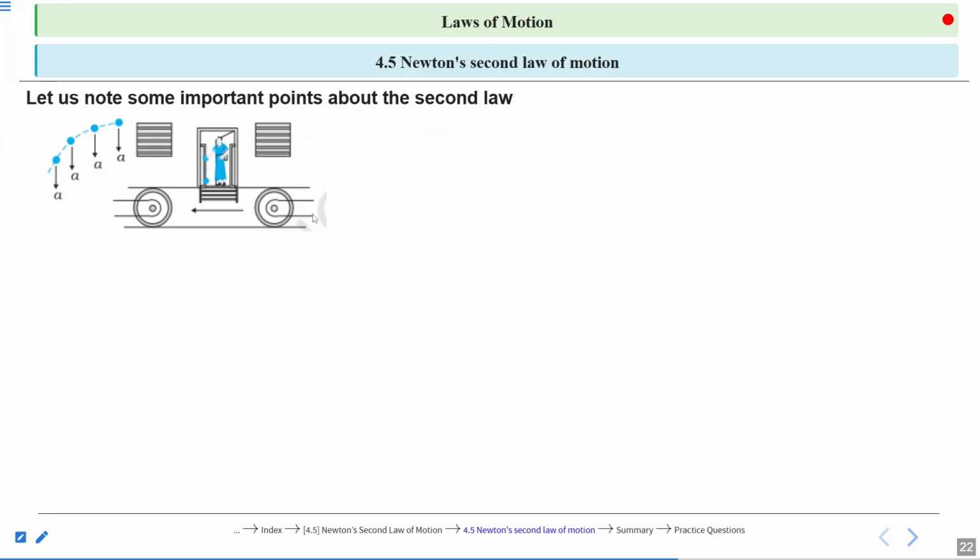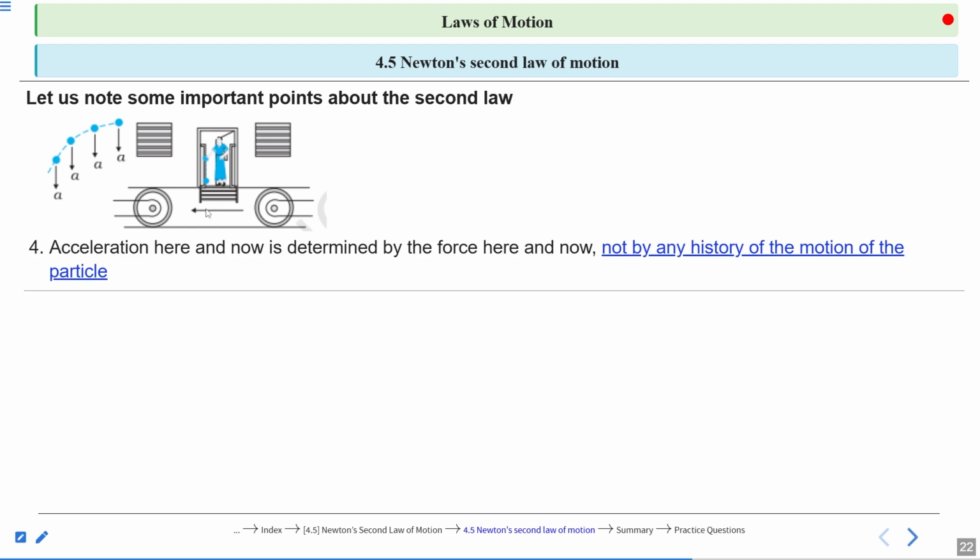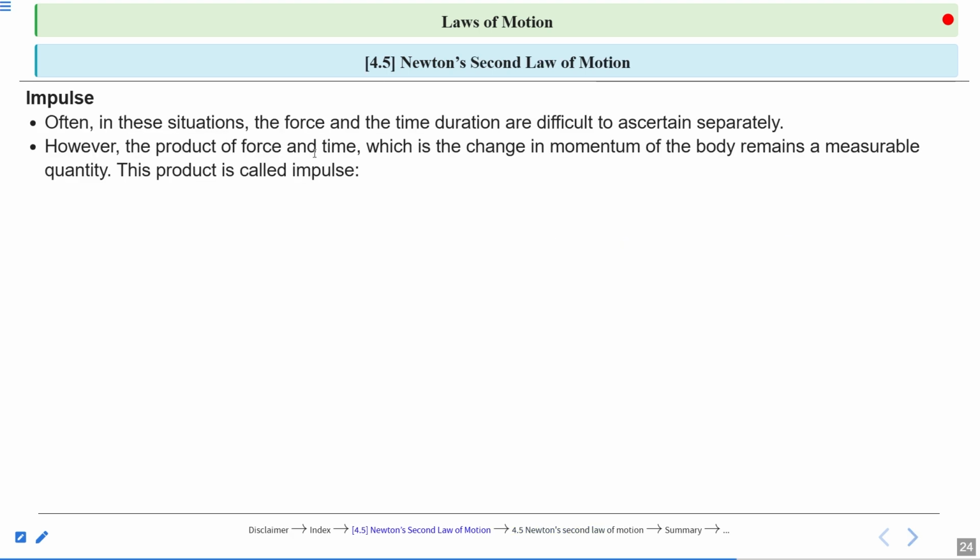Look at here. This is acceleration here, and it is determined by the force at that instant, not by any history of motion of the particle. So often in these situations the force and time duration are difficult to ascertain separately.